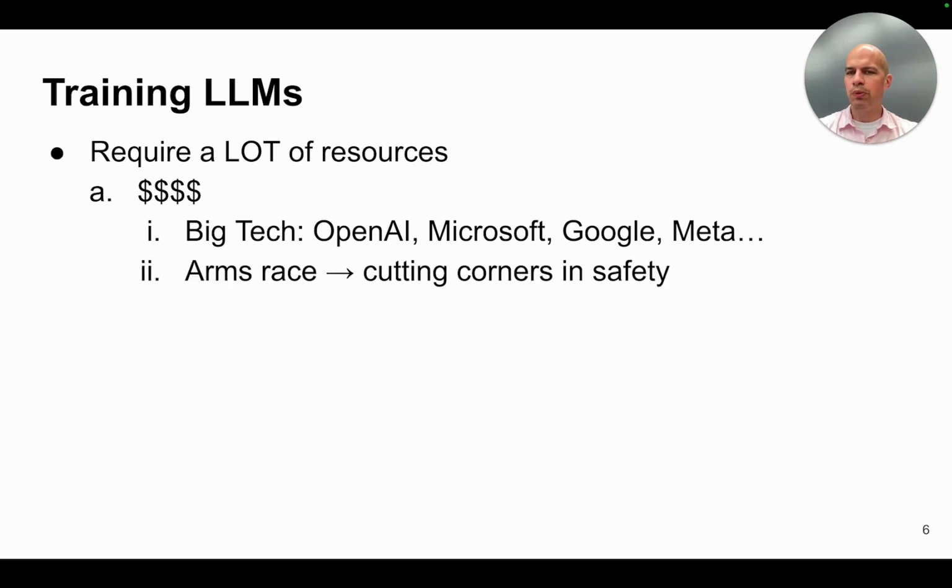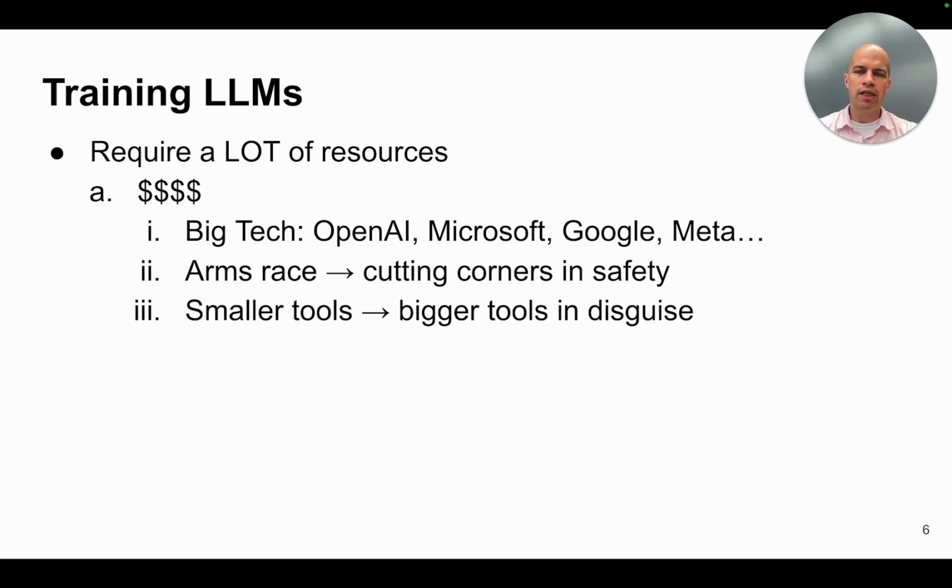There's an arms race between these companies, and so in order to get the biggest, fastest models with the best performance and the newest features, they often cut corners in terms of safety and other rules, or there aren't rules in place. And because it requires such an investment, if you're working with a smaller tool, it's often the bigger tools in disguise, because generating these quality LLMs is so expensive.